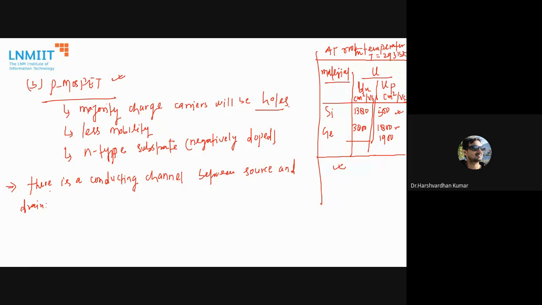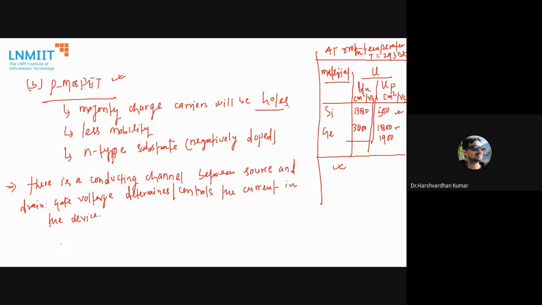The gate voltage determines, or controls, the flow of current in the device.